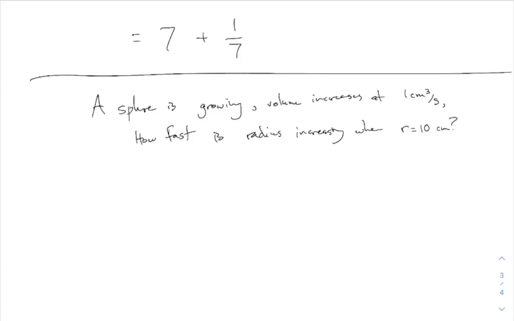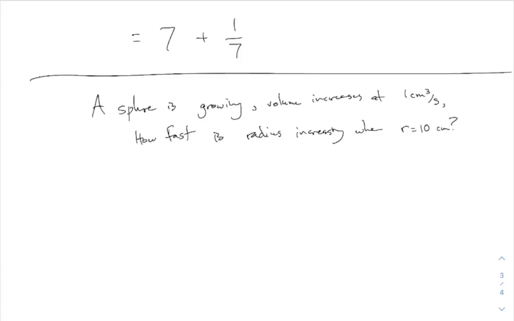All right. This is actually kind of realistic in the sense that this is a problem which will arise if you are using a pump to inflate a balloon. The pump will just spit out a certain amount of air at a constant rate.